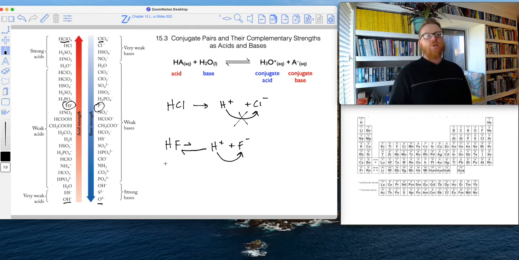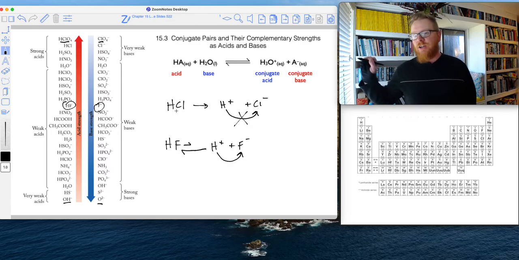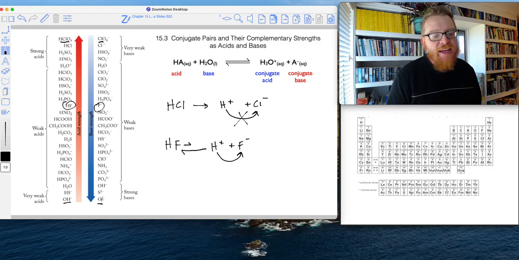Okay. It also tells us why in the case of chloride, in the HCl example, the chloride does not accept another proton, because chloride is such a weak base that this reaction goes forward to completion. Okay. And we could think of that with many other of these complementary examples.